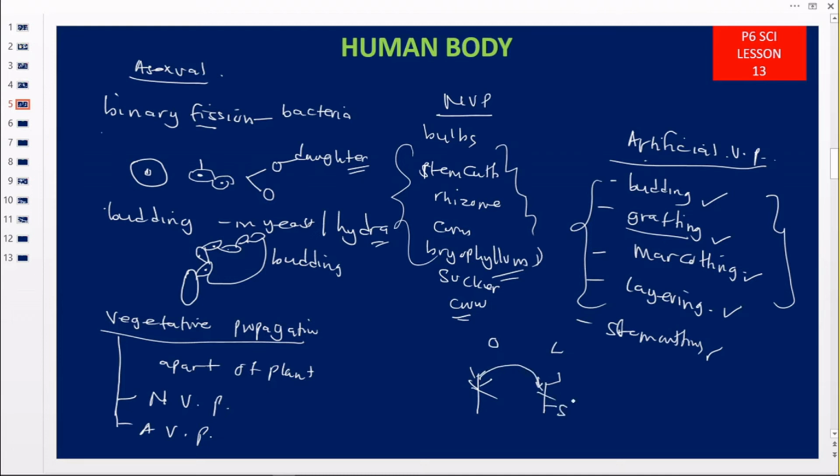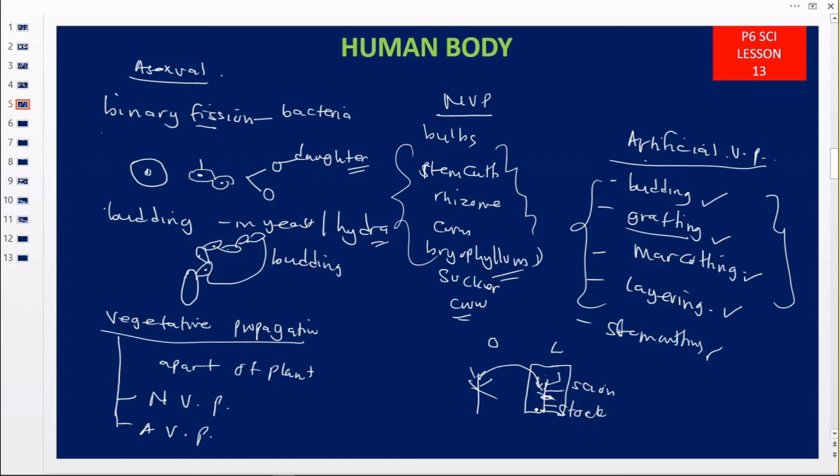This one is the stock for the lemon, and then this shoot from the orange is now called the scion. Then you wrap here, then as it is growing, it is going to grow as one combined plant. So we have gotten a new individual, but we have not used any gamete. We have just used a part of a plant to produce another offspring. That's what we call vegetative propagation or asexual reproduction.